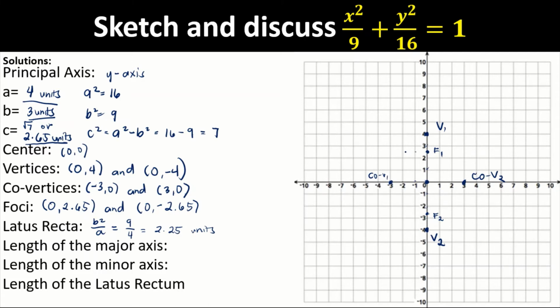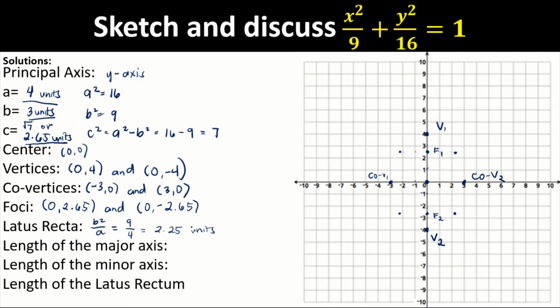So, 1, 2, and 0.25 units. Okay, and then 1, 2, and 0.25 units. So, this is our latus recta. Okay, and then ganun din dito sa kabila. 1, 2, and 0.25. So, nakuha na natin ang latus recta.